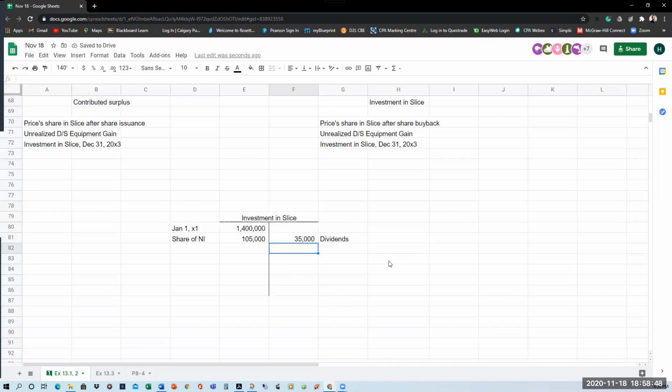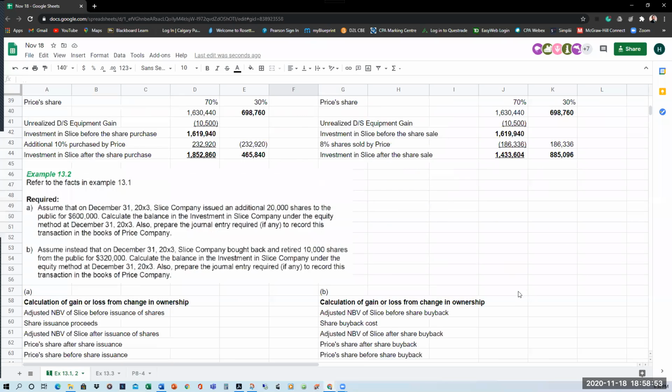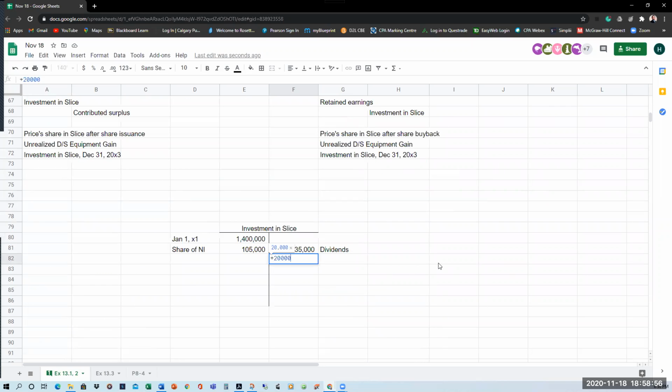And then our share of the amortization of the patent would have reduced the investment account, so 20,000 times 70%. And so at December 31st, year one, the balance will be 1,456,000, right?